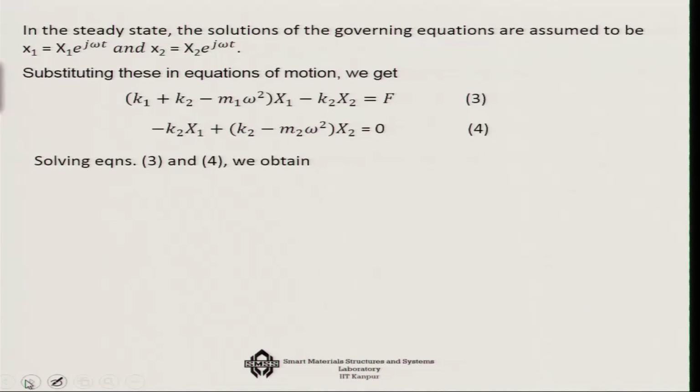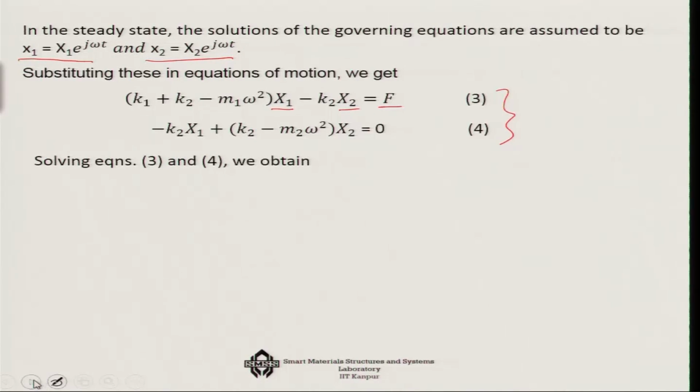Now, in the steady state, let us apply x1 as capital X1 e raised to the power j omega t and x2 as capital X2 e raised to the power j omega t, because we are only looking for the steady state solution. Then e raised to the power j omega t will get cancelled from both sides, and you will get two algebraic expressions in which you will have X1, X2 and F. So, X1 and X2 are the two unknowns, and there are two equations, so we should be able to find them.